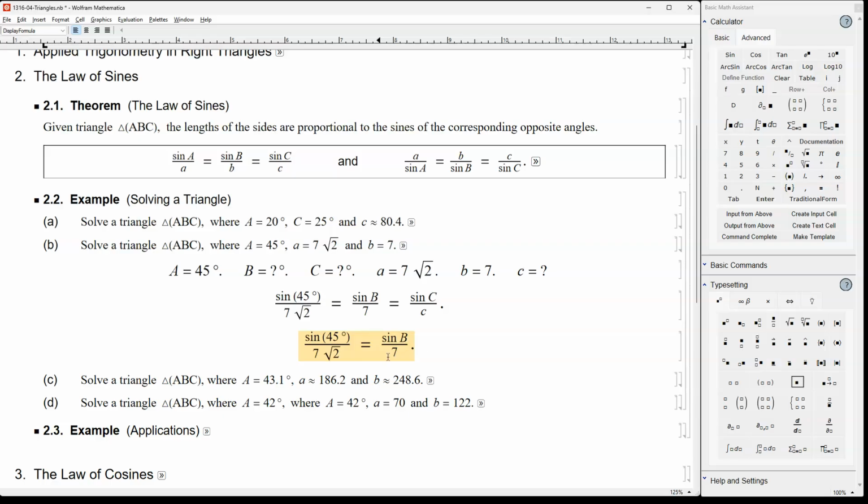Before that, looks like I can do some simplification. Never mind. Sine of capital B is, flip this one over to the other side, I'm going to get 1 over square root of 2 and sine of 45 degrees.